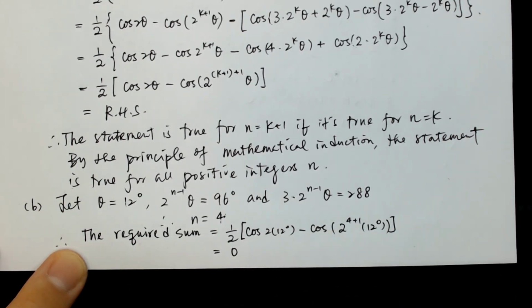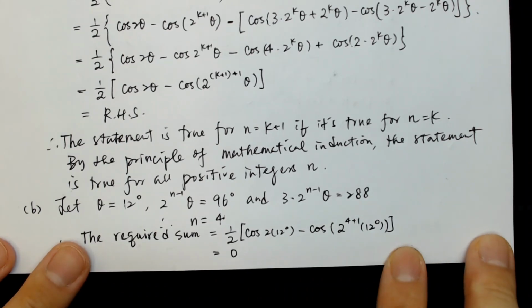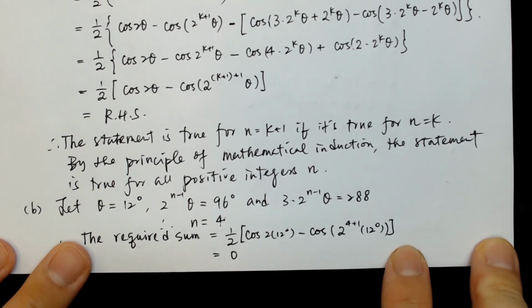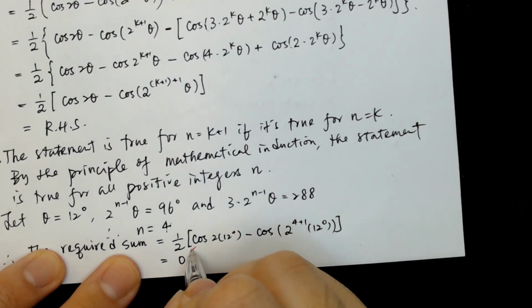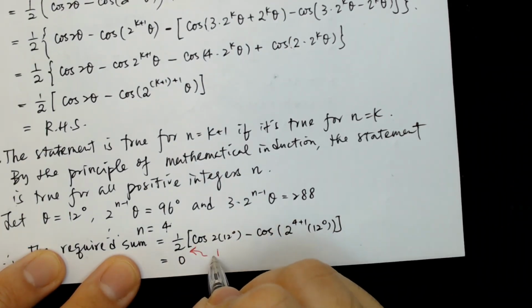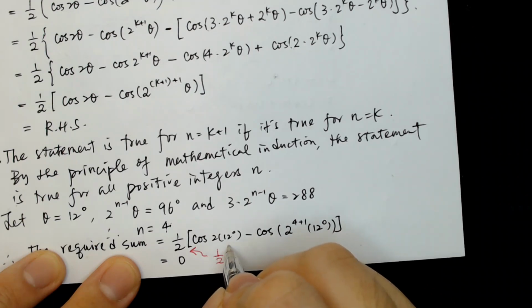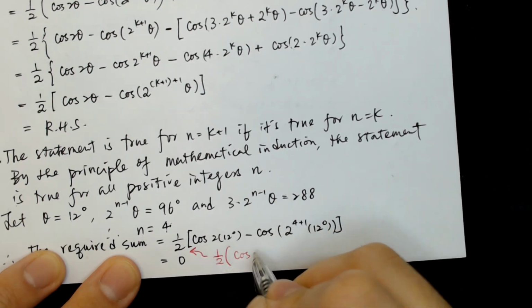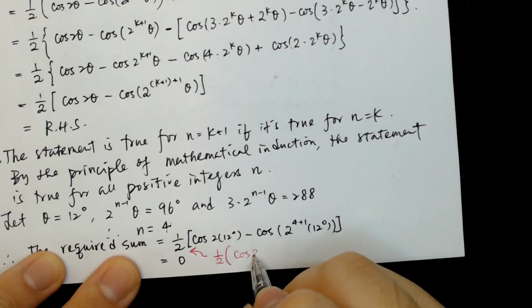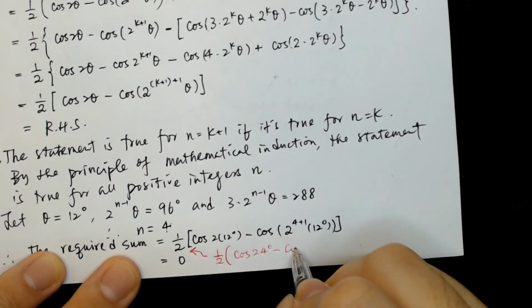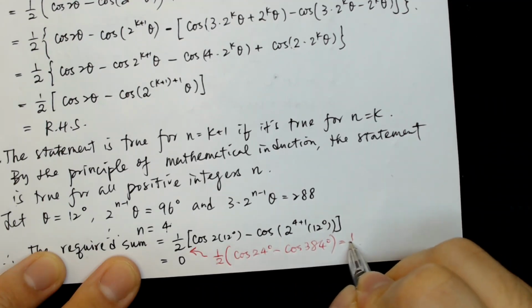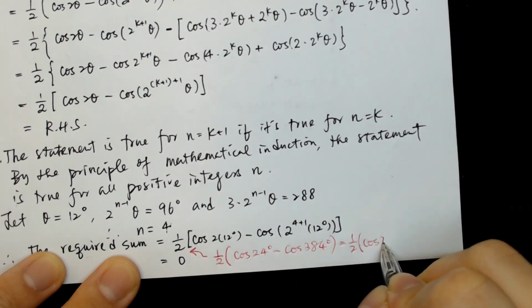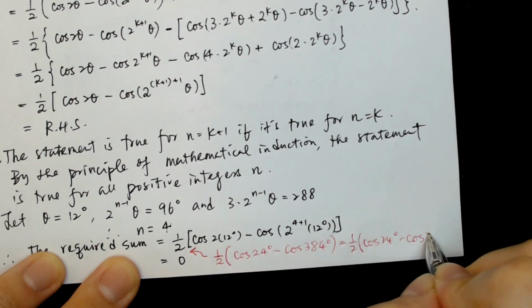It's not very necessary for you to notice that 384 degrees for cosine is the same as cosine of 24 degrees. But if you want to be very clear about that, you can add 2 steps, like cosine 24 degrees minus cosine of 384 equal to 1 over 2 cosine 24 degrees minus cosine 24 degrees.